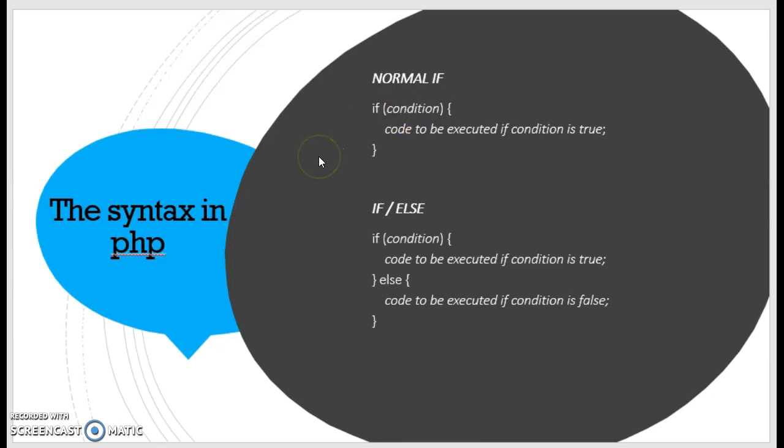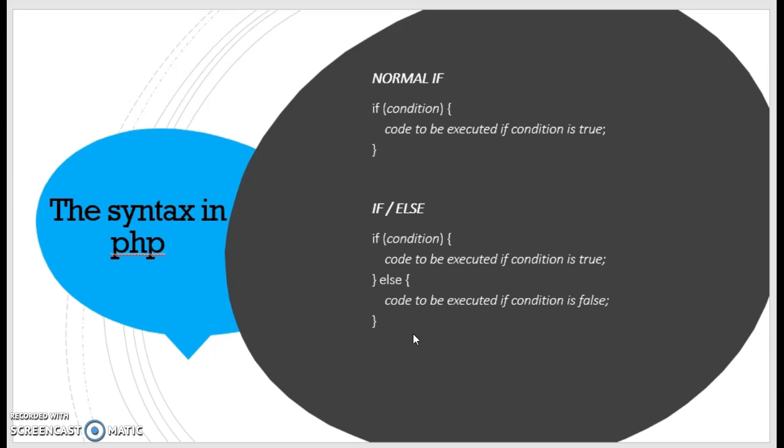Then the if-else statement is exactly the same, but after the closing curly bracket there's an else keyword, and then we can open another pair of curly brackets to write another block of code. And so if the condition turns out to be false, then the second block of code is going to run.